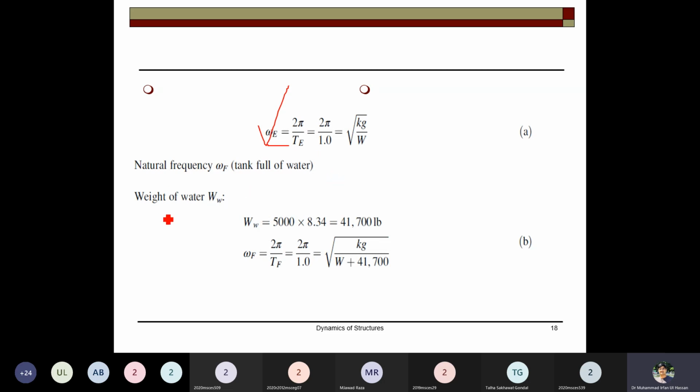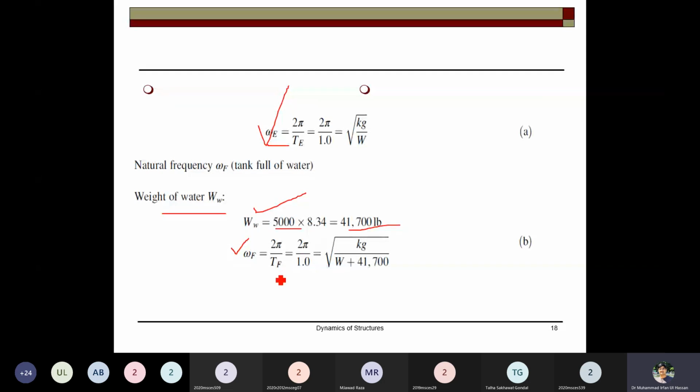And the second case is the weight of the water, which is computed from 5,000 gallons in pounds, and when the tank is full, omega F is 2 pi over TF.